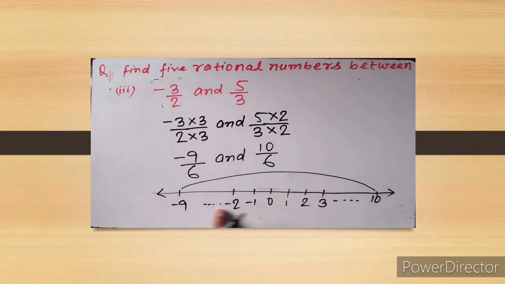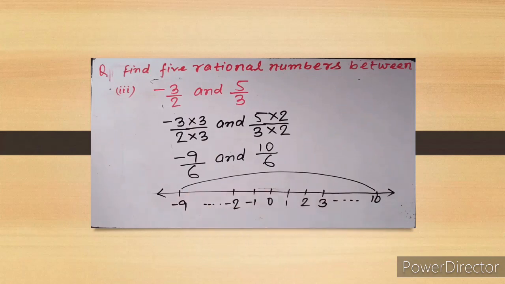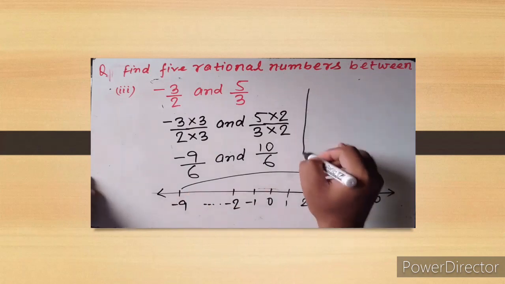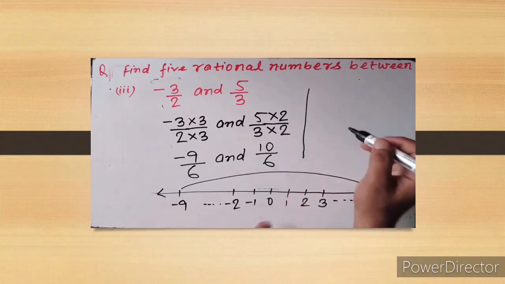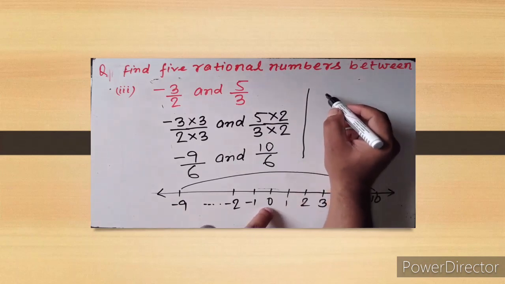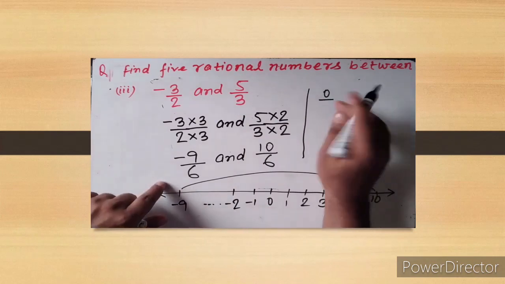So you can take any 5 of these rational numbers. If you want to take positive rational numbers, then you can write between minus 9 and 10. Many rational numbers we can take. If we want to take this one, 0 upon what, we can write 6.